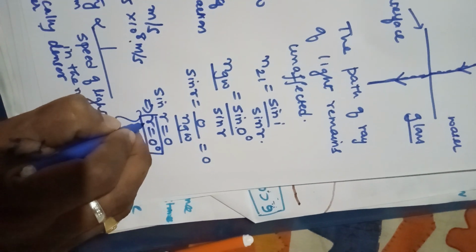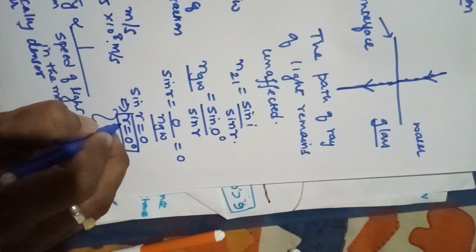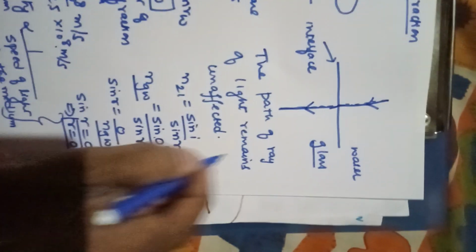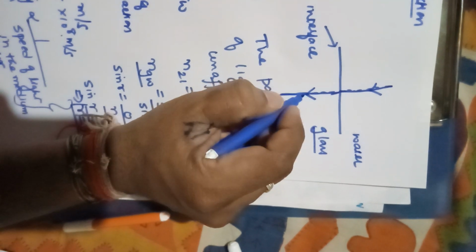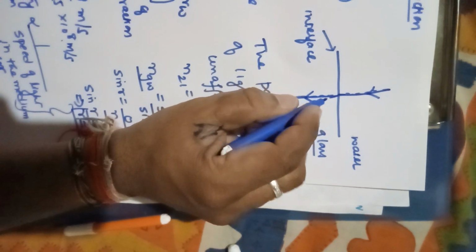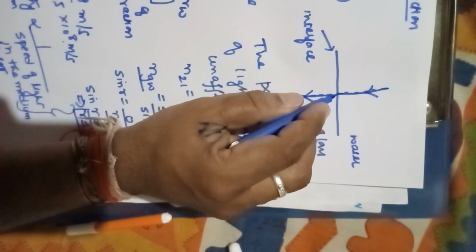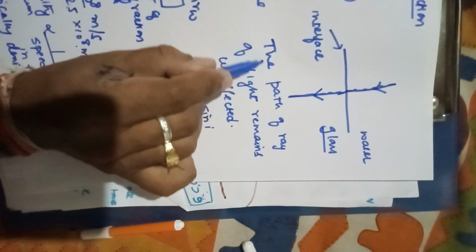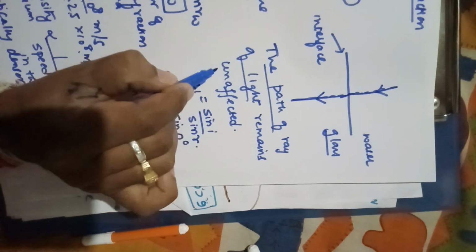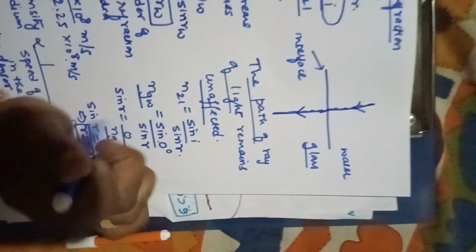Here r represents angle of refraction. So if angle of refraction is 0 means what? The refracted ray and the normal are coincident with each other. So the refracted ray will also be along the normal. That's why we can say that the path of the ray of light remains unaffected when it is incident normally.